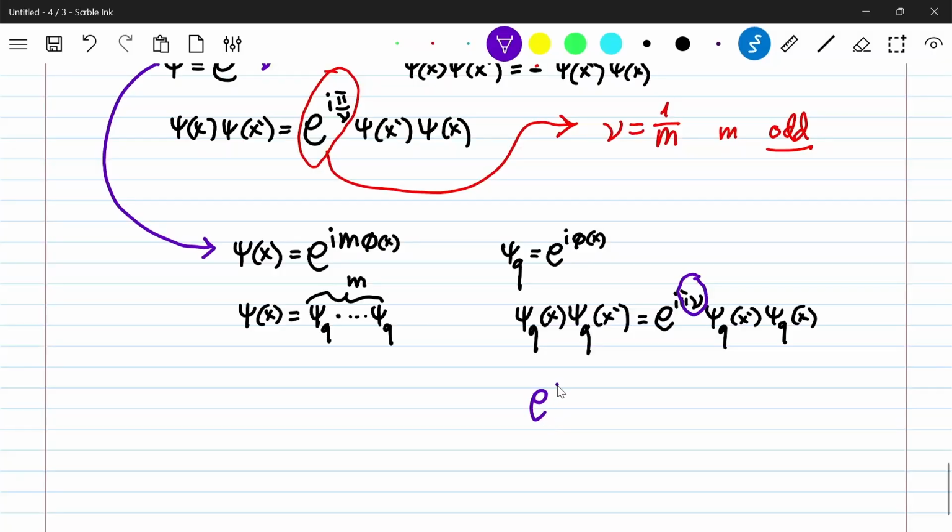So first of all, they have fractional statistics. They also have fractional charge, because one electron is actually 3, or m in general, quasi-particles. So they have a charge e times nu, which is e over m in general.